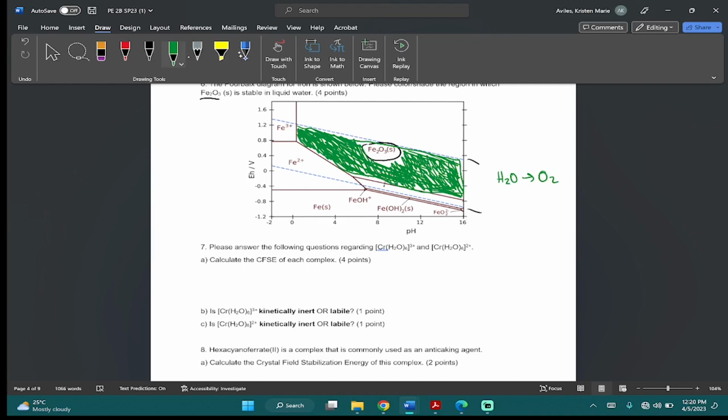Could you just make an equation, or would you have to use the diagram? That makes sense. You would need the diagram to a certain extent because we need to know what conditions we're at. So it changes depending on the voltage. Here, it's not really asking about the voltage. Another good type of question is what voltage and pH would this be stable at in water? But I don't think we're going to ask you anything beyond the scope of what you've already seen.